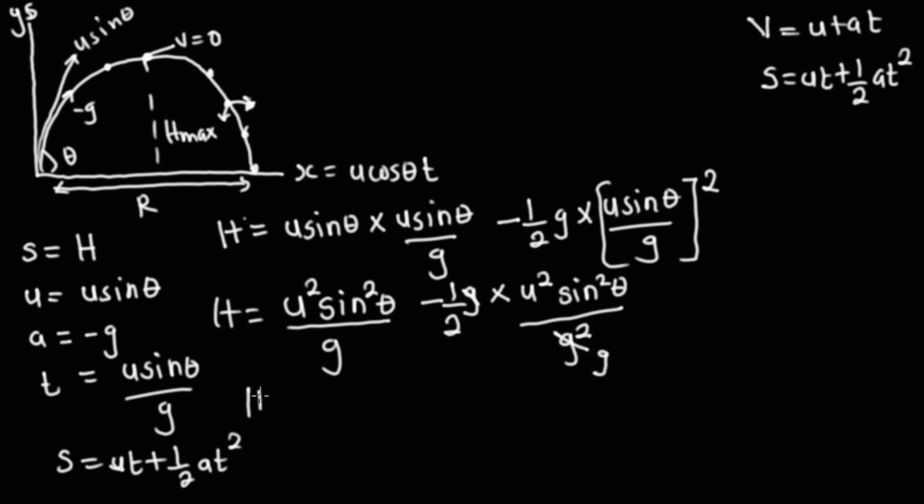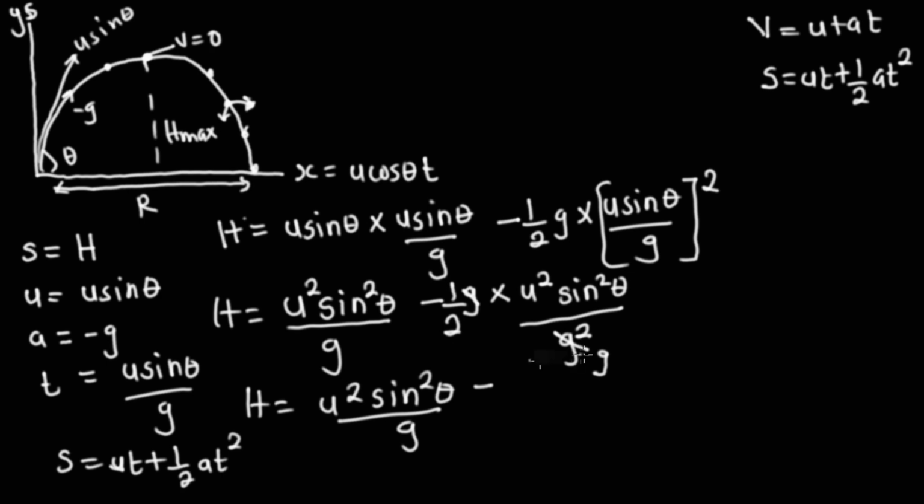So h is equal to u squared sine squared theta over g minus, this g has already been cancelled out, 1 multiplied by u squared sine squared theta over 2 multiplied by g.